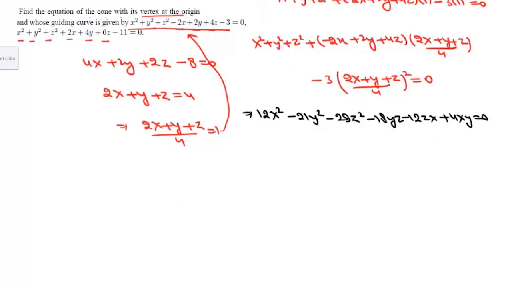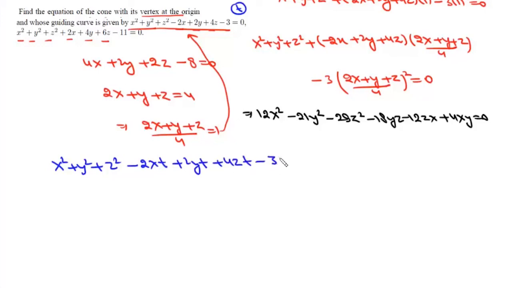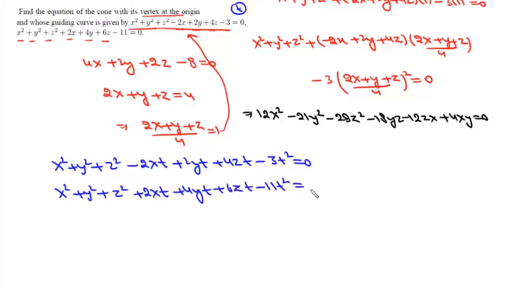Now another way to solve this question is by taking a parameter t to make the curve homogeneous. So we can write this first equation as x square plus y square plus z square minus 2xt plus 2yt plus 4zt minus 3t square equals 0, and then we have x square plus y square plus z square plus 2xt plus 4yt plus 6zt minus 11t square equals 0.